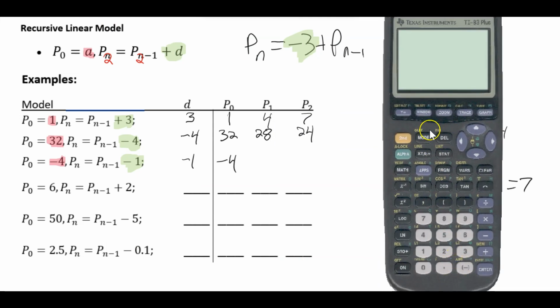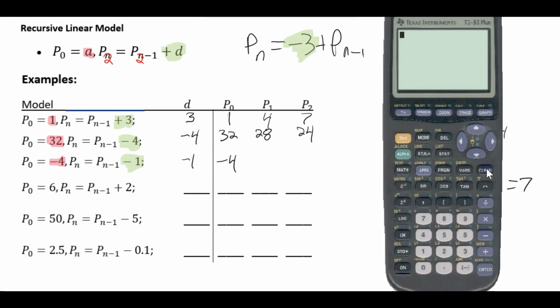Now, I'm using a graphing calculator, but the TI-30XS, the 36 Pro, there's a lot of versions of the scientific TI calculators that do have this little answer button. This makes it very efficient to do recursive modeling.